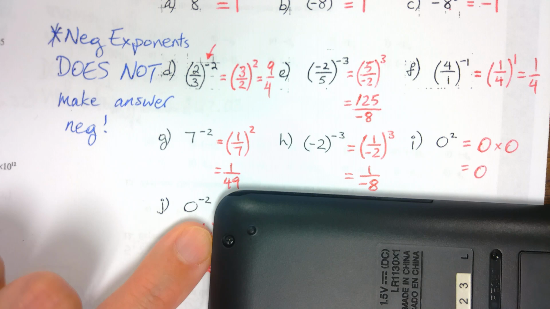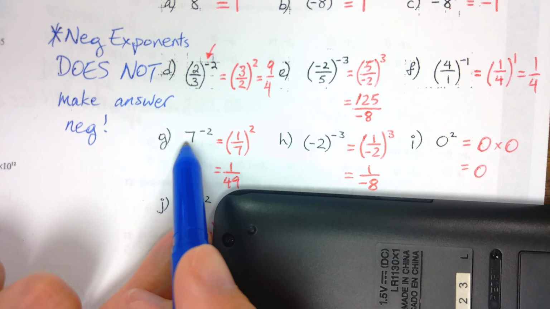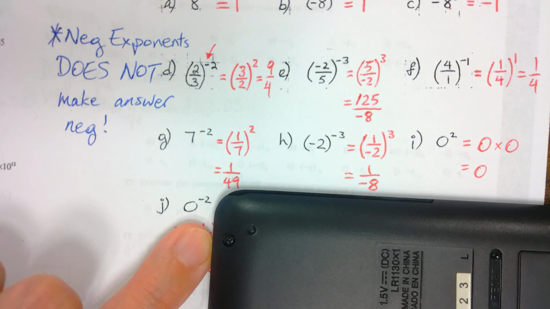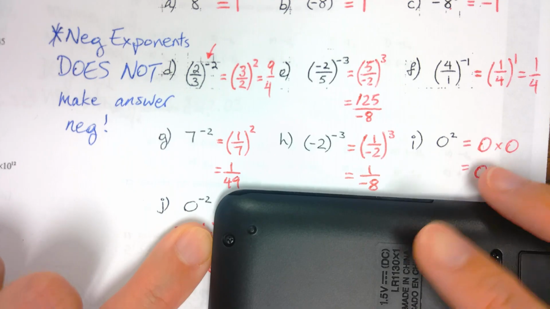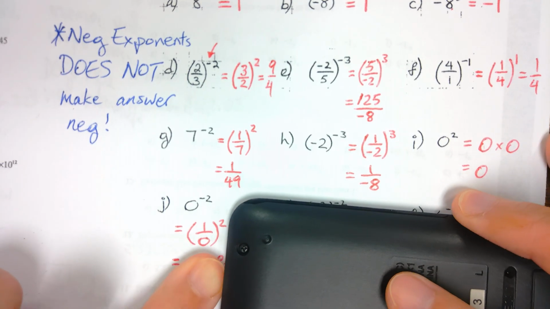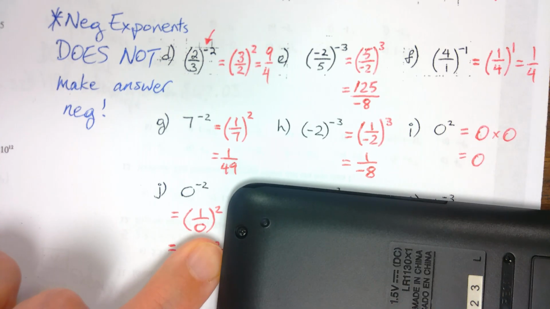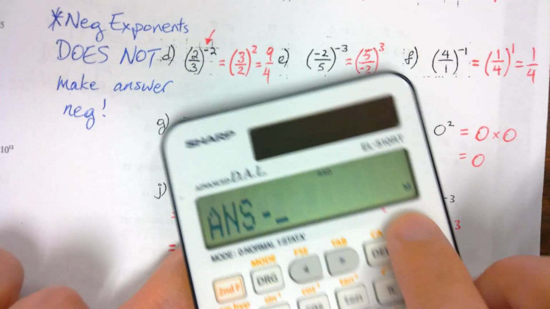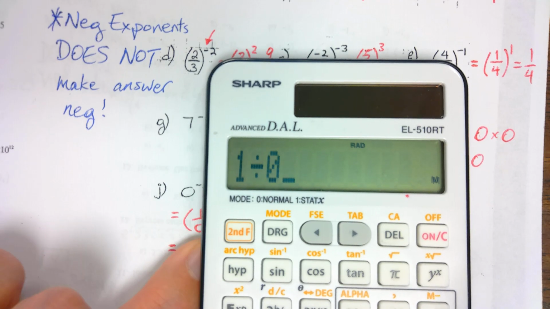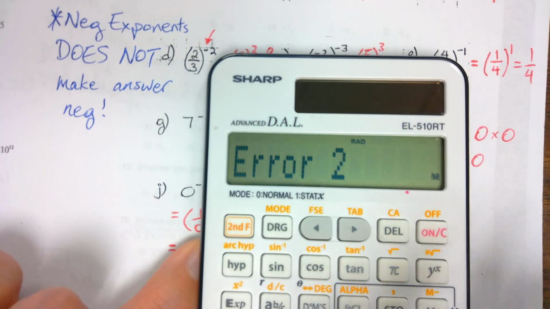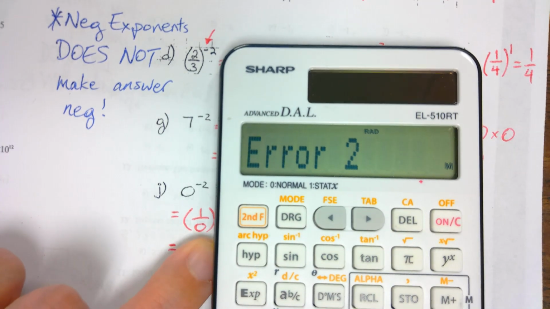Not 1. So 0, just like right here, 7 is 7/1, right? So 0 is the same as 0/1. So if you flip it, it's 1/0. If you do that on your calculator, can you do 1 divided by 0? What do you get? Error. You cannot put one person in 0 groups. But error doesn't sound mathematical.